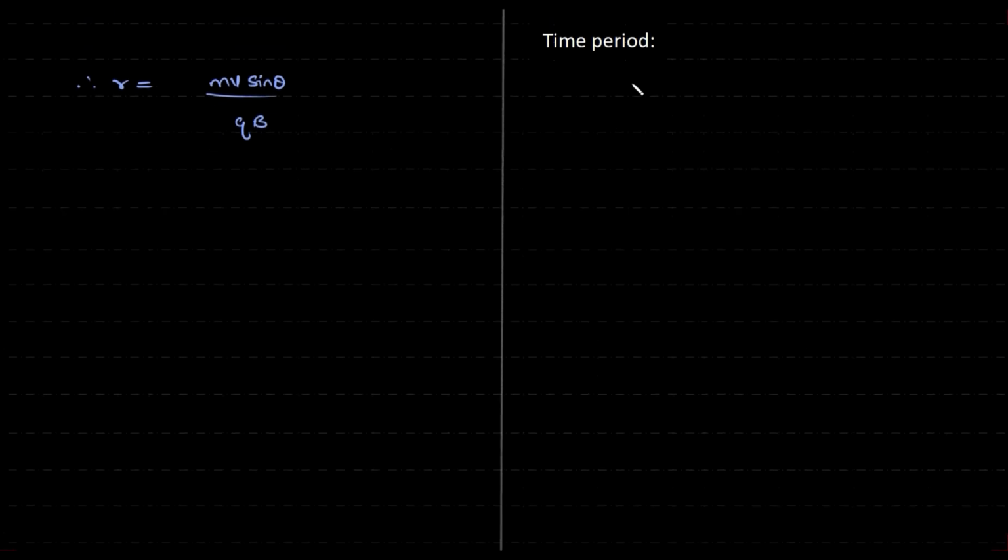Now, time period. What will be the time period? So time period, we can figure it out with the help of distance by velocity. So the distance for this is, we have taken it as r, right?